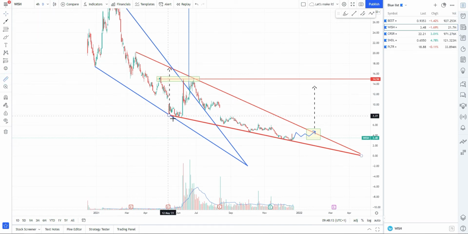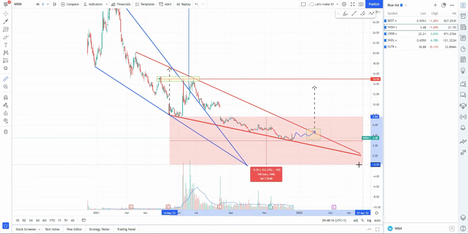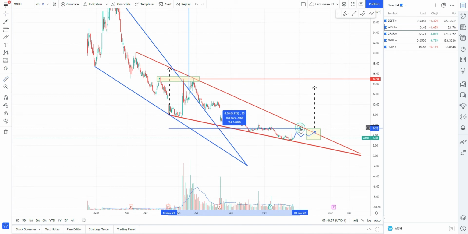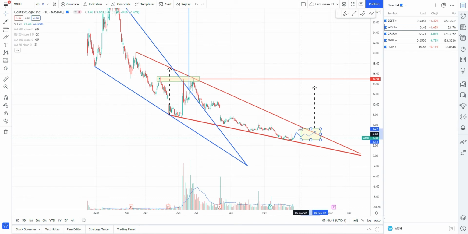If we take the height of this wedge, approximately 240 bars, divide it by 3 and multiply by 2, we get 160 days starting from May 21st, which takes us to the beginning of January. So the breakout point might possibly be here statistically, but in my opinion this would be too early.